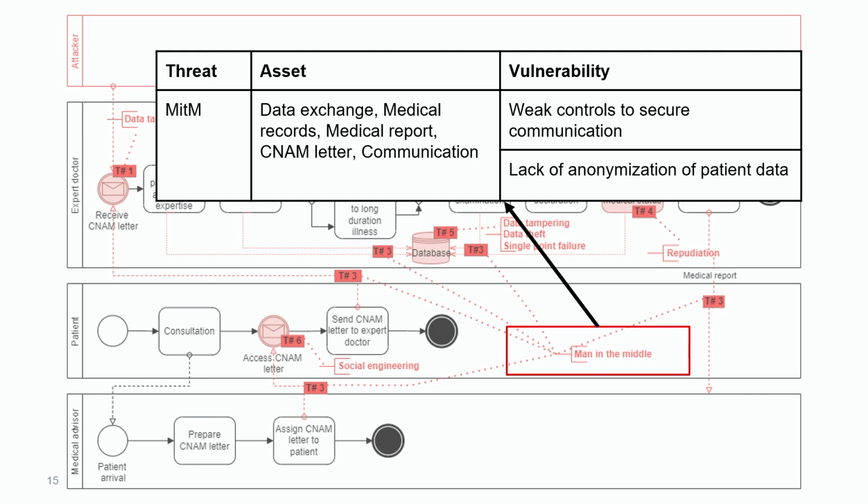With the man in the middle, the attacker can sniff the data to pursue various activities, for example publish the data online, deny patients access to it, or launch a ransomware attack. A successful man in the middle attack can affect the data exchange, medical records, medical reports, CNAM letter, and communication assets.